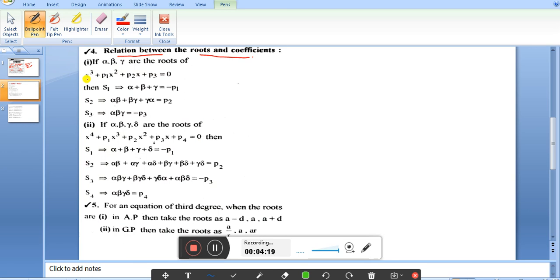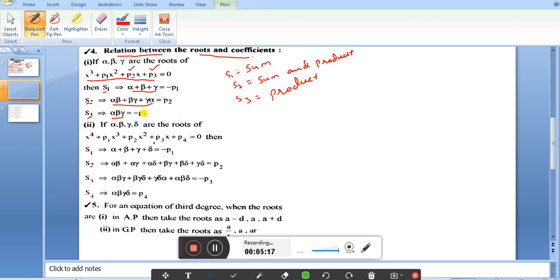Actually the polynomial equation is x cube plus p1 x square plus p2 x plus p3. We take s1, s2, s3: s1 is the sum of the roots, s2 is the sum of the products of the roots taken two at a time, and s3 is the product of the roots.